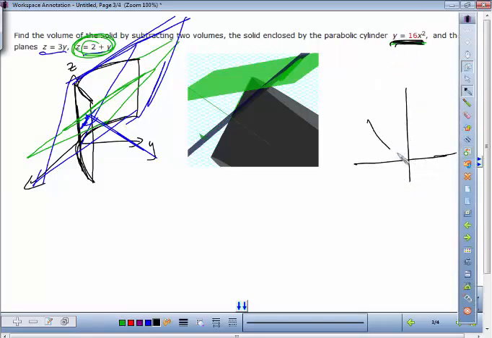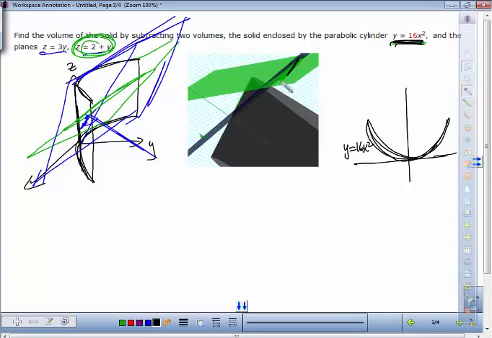So we got the y is equal to 16x squared graph. Now it looks like they're going to eventually meet over here and get cut off over there.